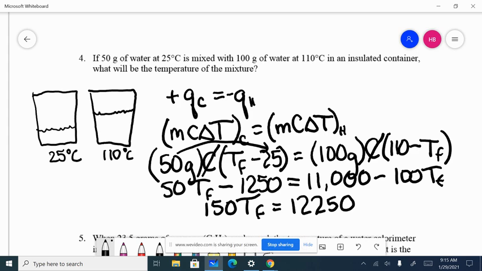My final answer is 81.66666, and so on and so forth. I'm not going to worry about sig figs, but we're going to round to a final temperature of 81.7 degrees Celsius, which is between 67 and 110, just like we thought.